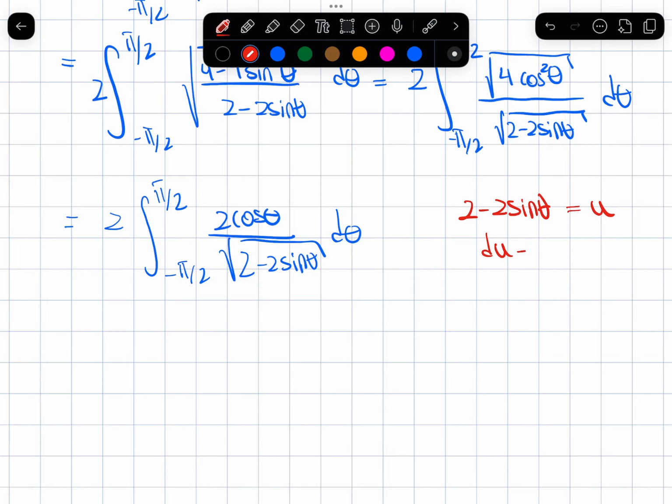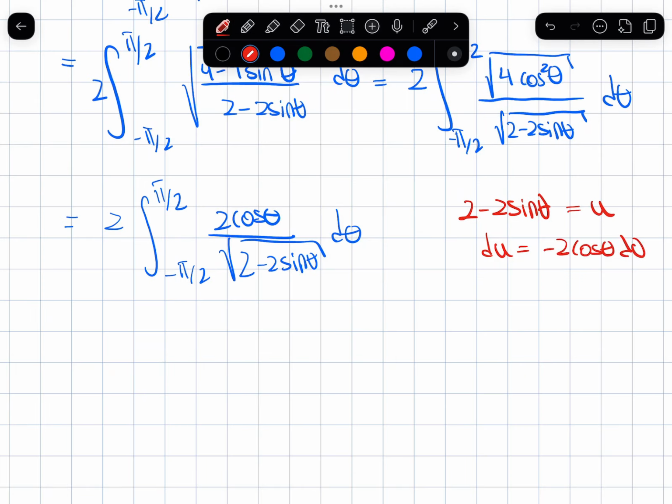Yes, so then du is negative 2 cosine theta d theta, which is just negative this, you can see. So it's very, very convenient. So I'm going to make that u sub there. Not going to bother with limits of integration for now.